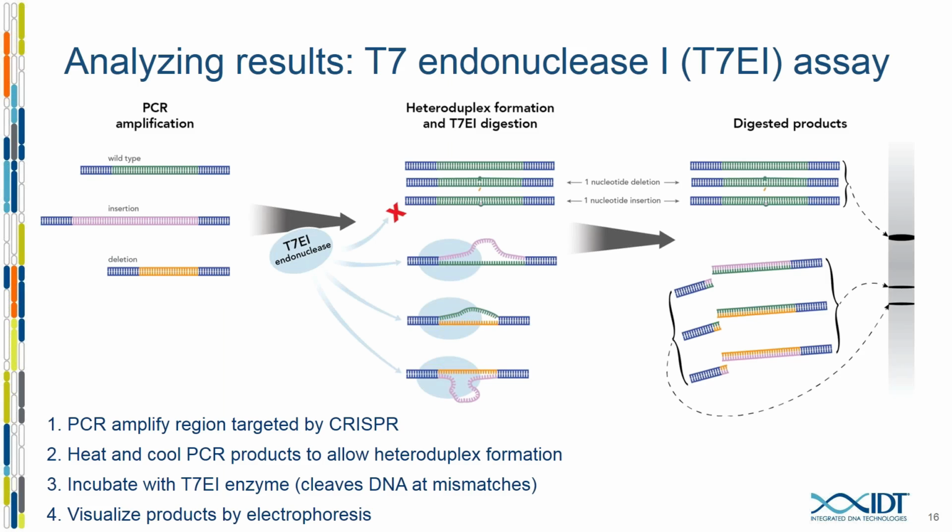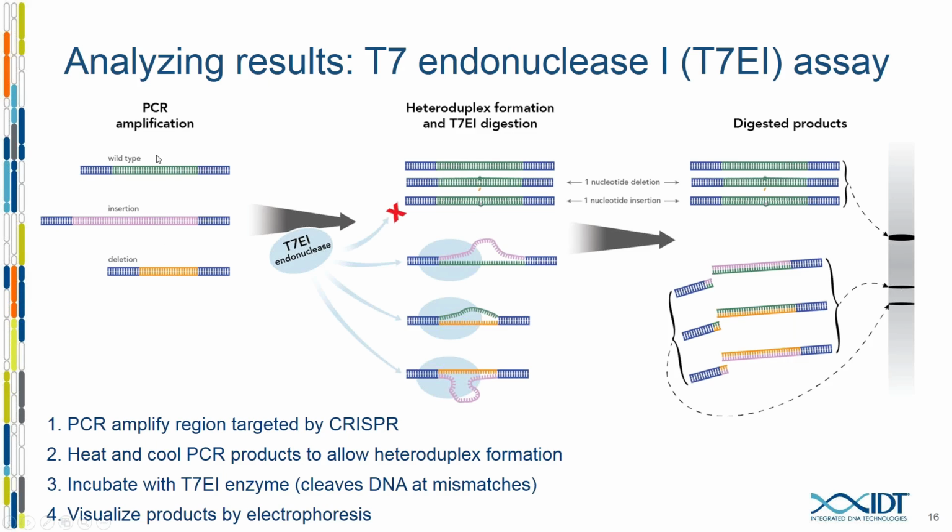And the way that we do that is using an assay called the T7 endonuclease 1 assay. So this enzyme recognizes mismatches in double-stranded DNA. And to take advantage of this, we begin with a PCR amplification step, designing primers that flank the CRISPR target site that you're interested in.